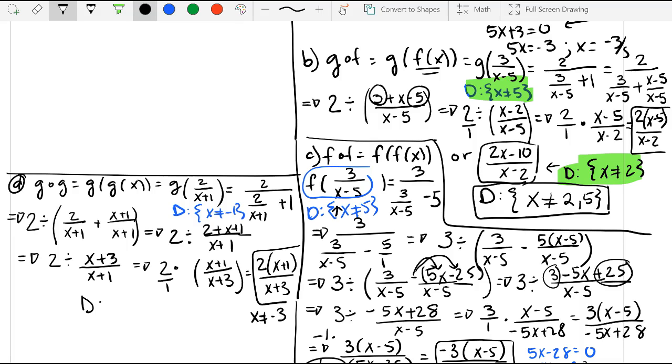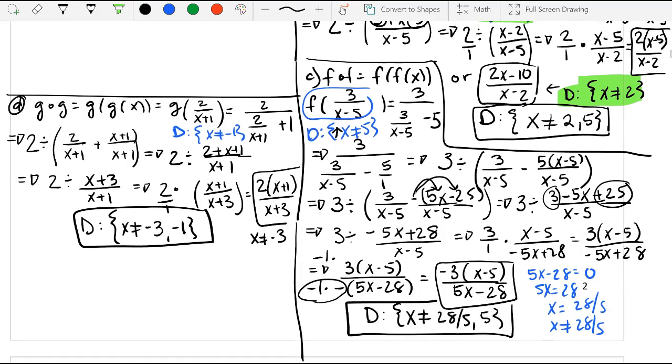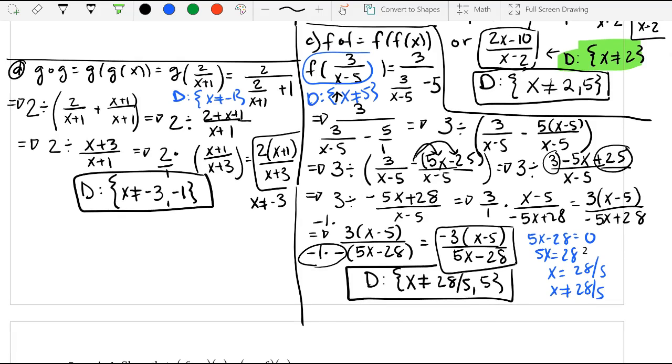So your domain for the final, okay, it's going to be x can never ever be -3 or -1. Okay. So keep in mind that when you're looking for the domain, make sure you pay attention to the initial, which is the input function, and the final answer, which is the output of the composite, okay?